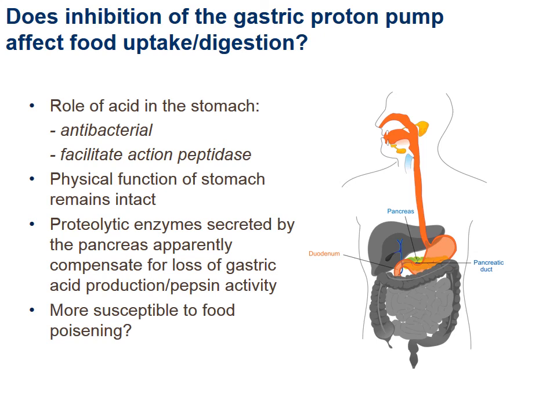However, this is not the case, and it can be explained by the fact that the physical function of the stomach is of course unaffected, which is a very important role of the stomach.